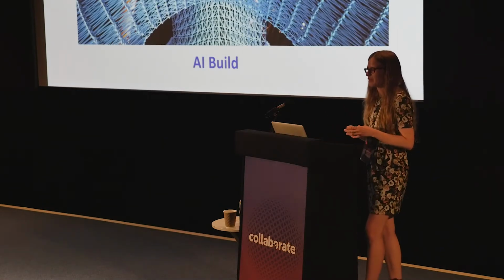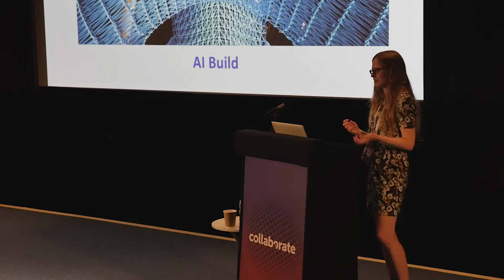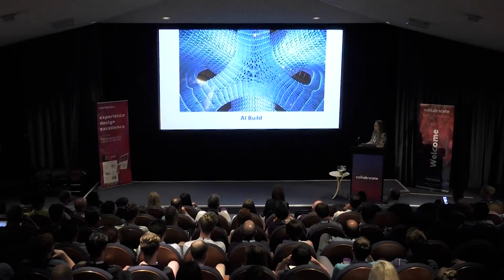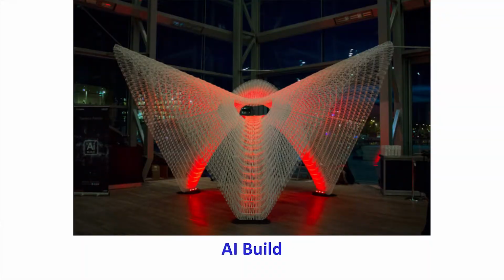And there is a company called AI Build that has a factory in East London, and in this factory they have robots that use computer vision techniques to help create various installations, such as this or this one.